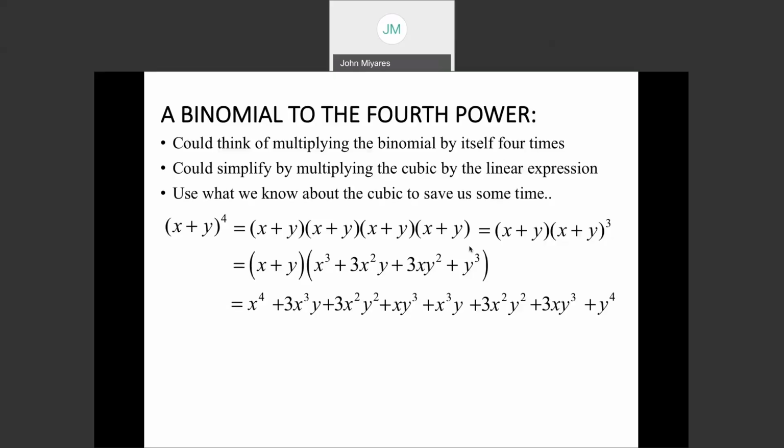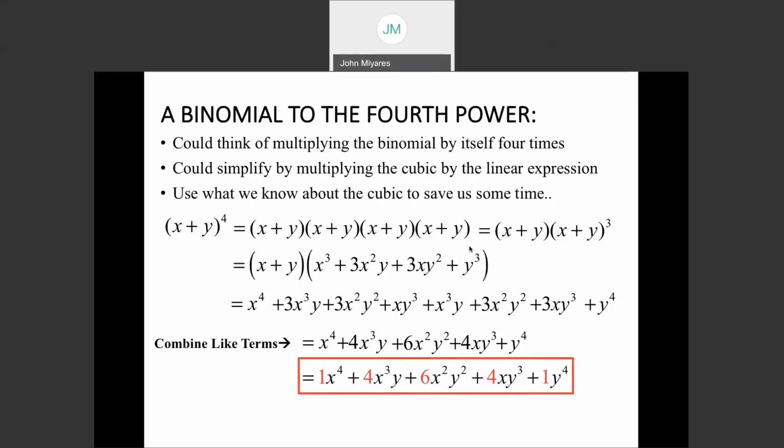When we combine the like terms, this will simplify as x to the fourth plus 4x cubed y plus 6x squared y squared plus 4xy cubed plus y to the fourth. Focusing on the coefficients, we have 1, 4, 6, 4, and 1.